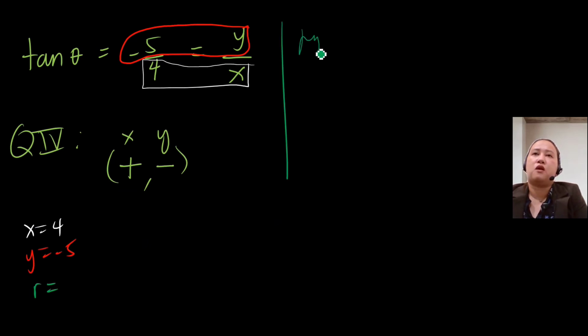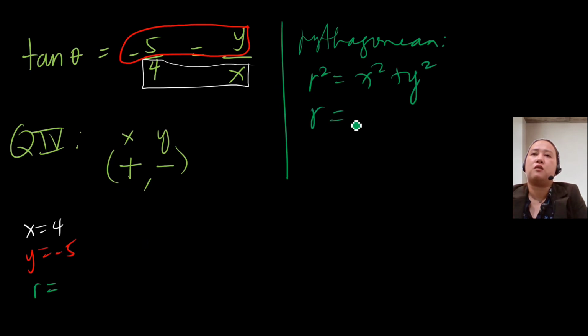How are we going to solve for r? Again, by Pythagorean theorem. We know that r squared equals x squared plus y squared, so r equals the square root of x squared plus y squared.